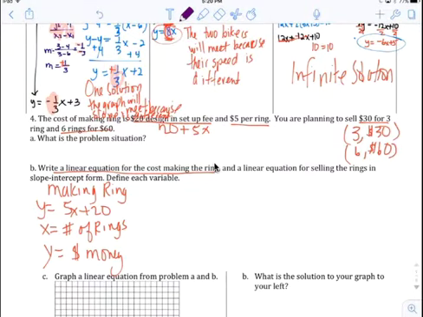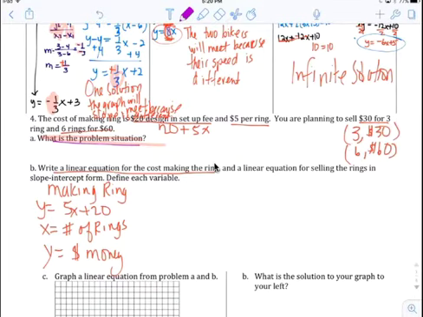What is the problem situation? Let's see. The problem situation is to figure out when profit equals the cost, the break-even point.